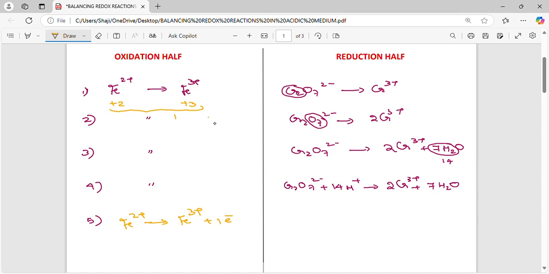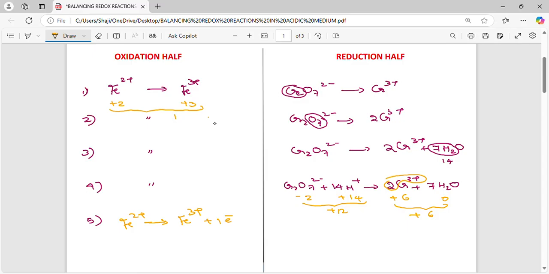Now in the reduction half, let's calculate the charge for each species. Cr2O7 2- is -2, and 14 H+ is +14. The total is +12 on the LHS. On the RHS it is +6, because 2 into 3+ is +6, and 7 water is 0. Now the difference between +12 and +6 is 6.